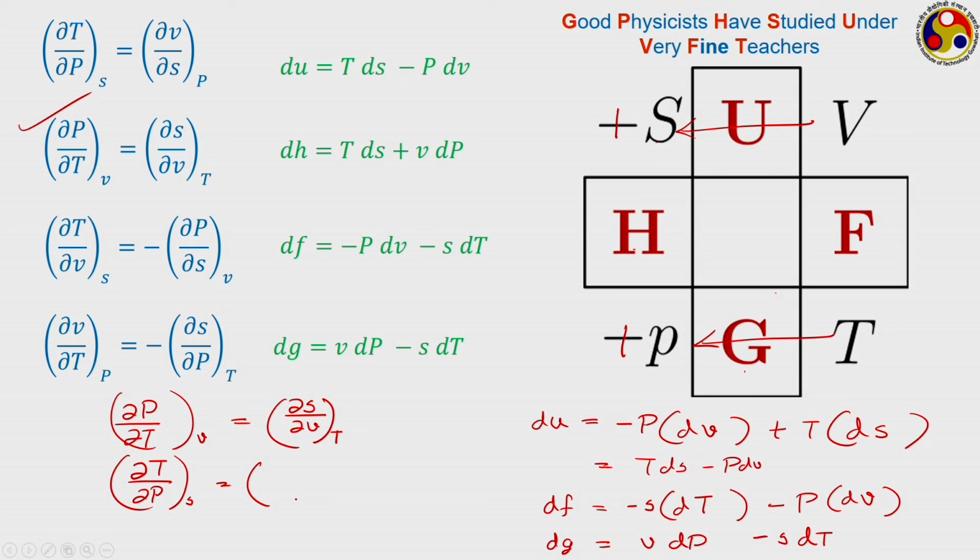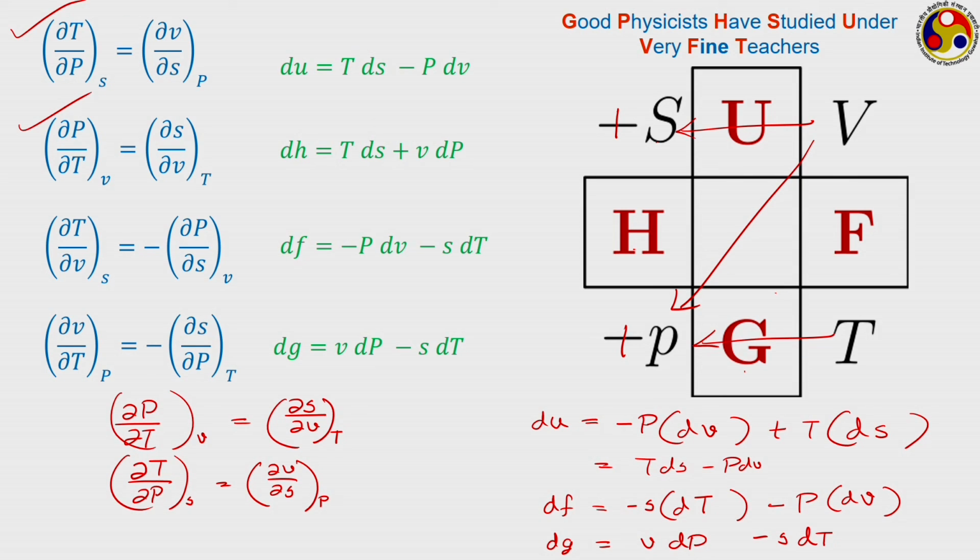Can you guess? We are moving along the horizontal line from the right to the left. So, we have started with t and moved to p. So, go to the parallel row, which is dou v dou s, and the subscript will be the one opposite to v, or the diagonal opposite to v, which is p, which is the first relation.